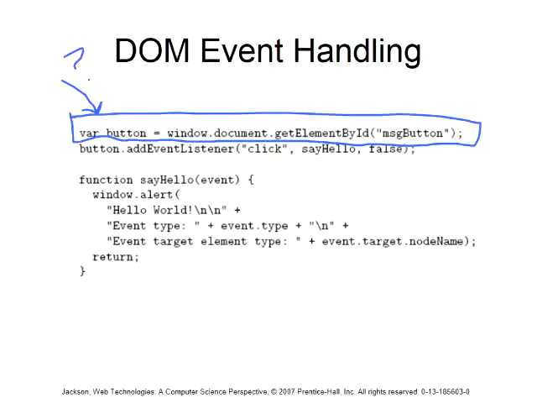So when we write window.document.getElementById msgButton, that means I will select the tag with ID msgButton.